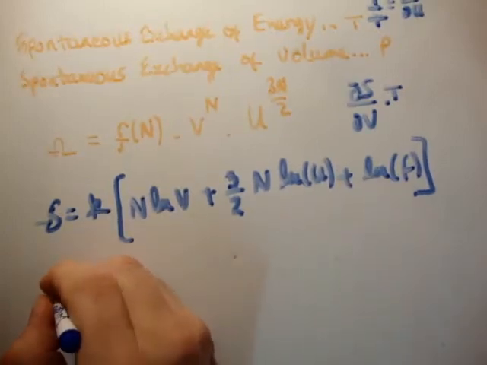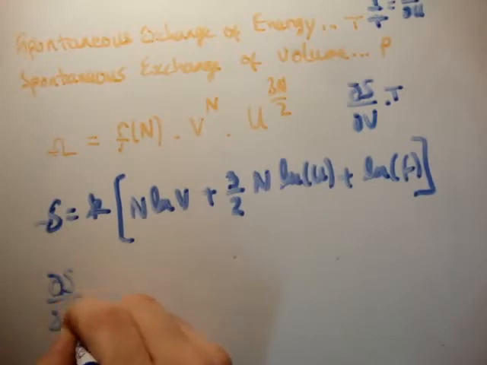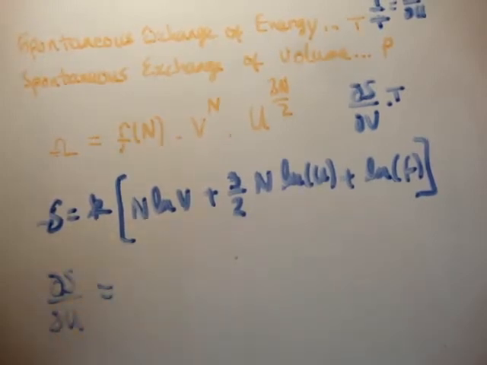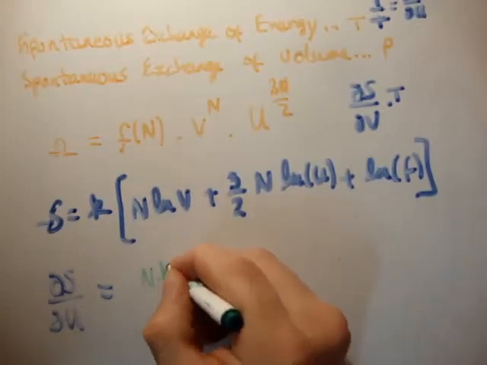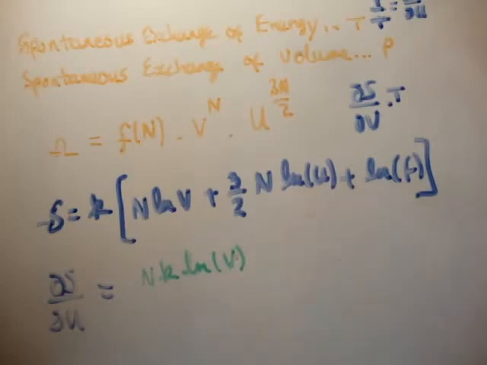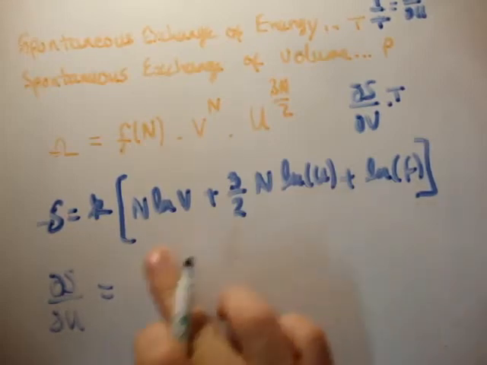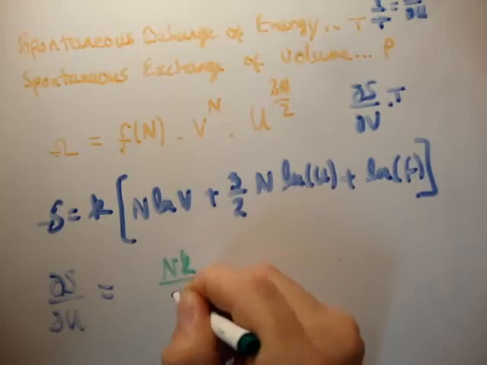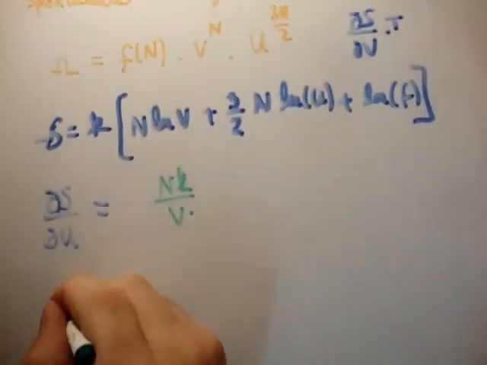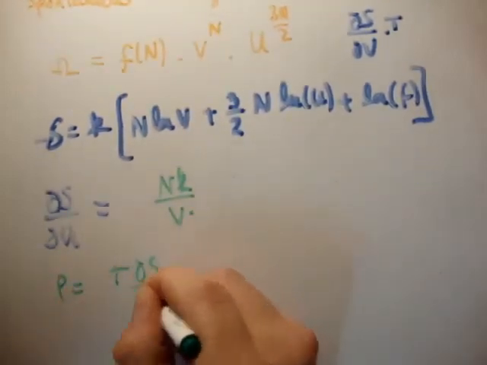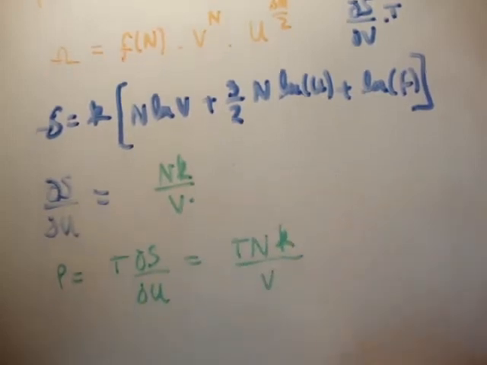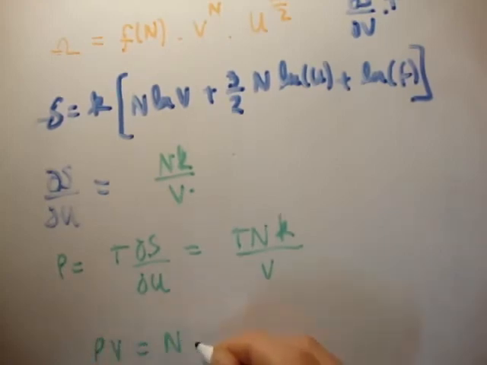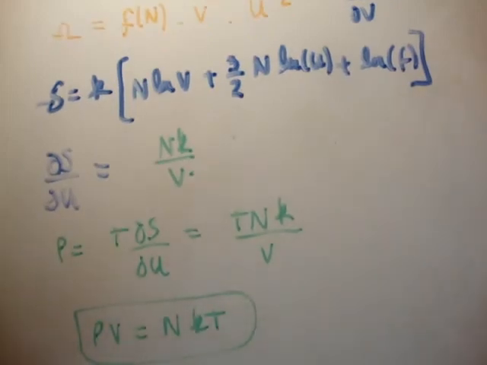So del S del V is very simply going to be equal to nk over V. And that means that P is going to be equal to T times del S del V, which is T nk over V, or PV is equal to nkT, which is the ideal gas law.